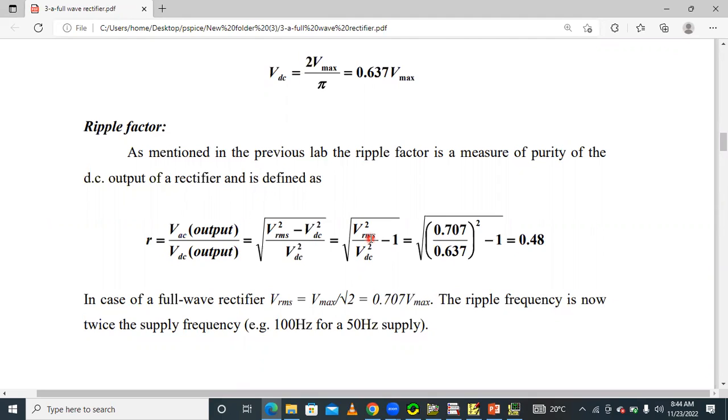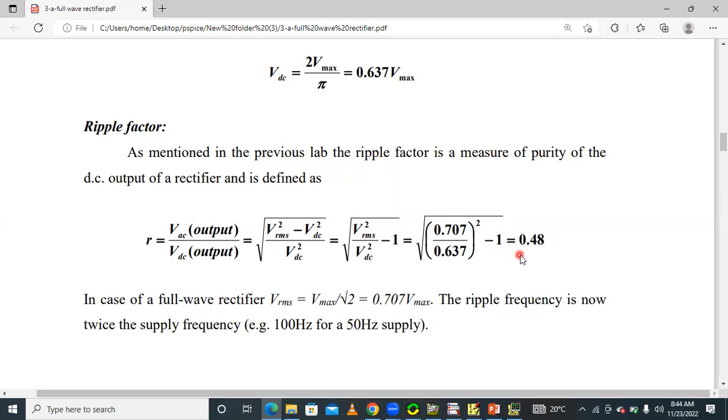Then you get 320 into 10 to the power minus 3, and if you want a percentage, into 100, so 32%. So square root of (VRMS by VDC) whole squared minus 1 gives 32%.